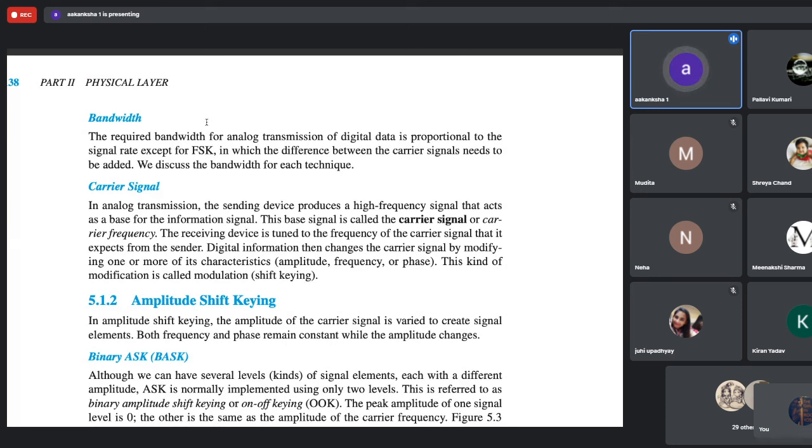So both of them are using the physical layer protocol. And what is a physical layer protocol? They must be expecting the same type of frequencies. So that is about digital to analog transmission.